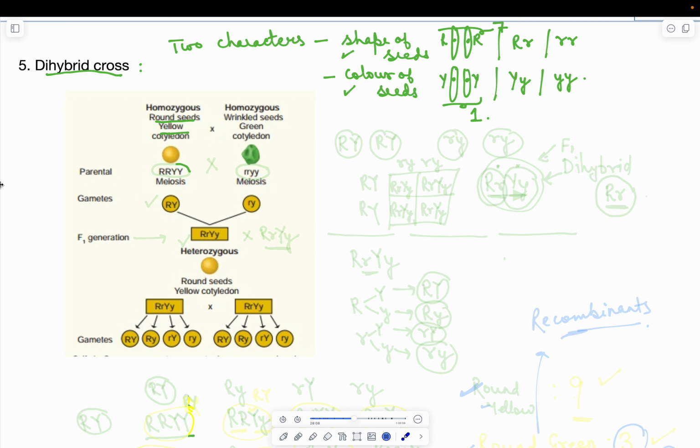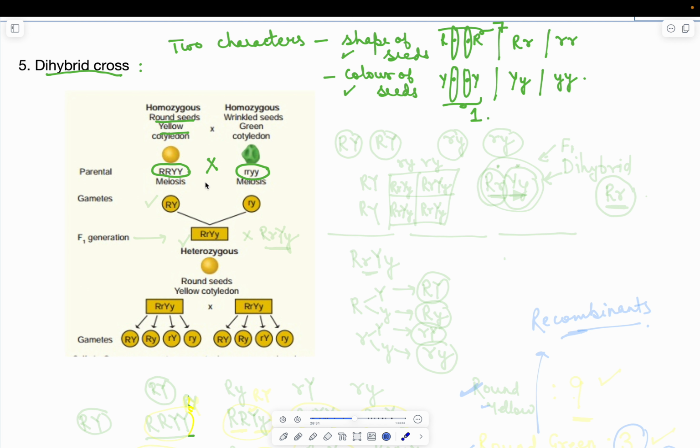The genotype of the female plant was homozygous dominant for both the traits, and for the male plant the genotype was homozygous recessive for both the traits, right? So he did a cross between these two pure parental plants, right?